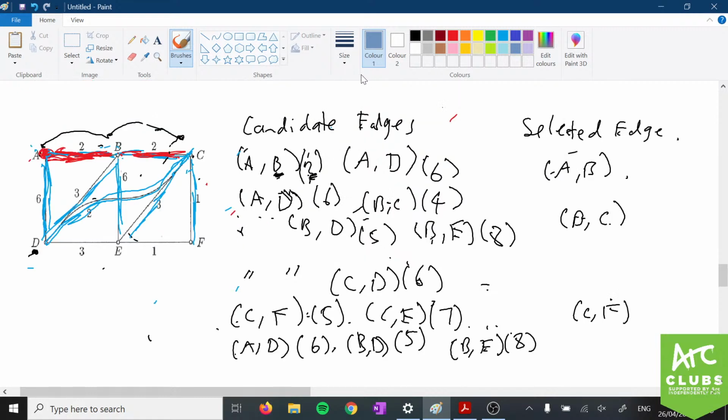Okay, so the next one was CF. And now we need an extra candidate edge, which is FE. So basing off the current spanning tree, it's like one branch growing, one step of growth of one edge.